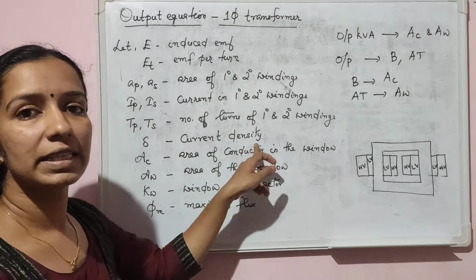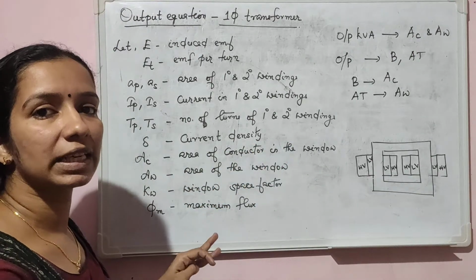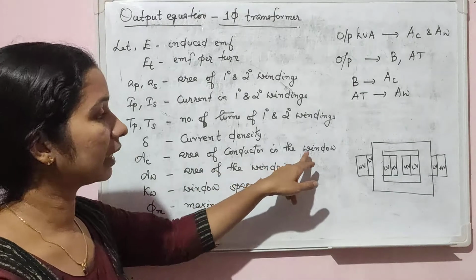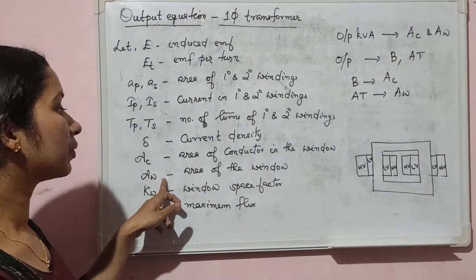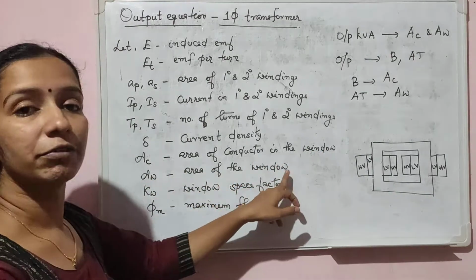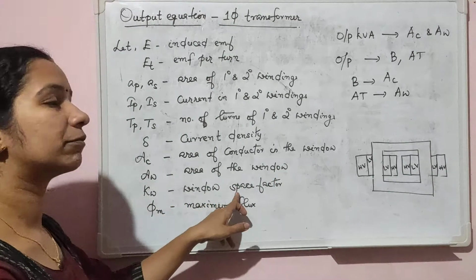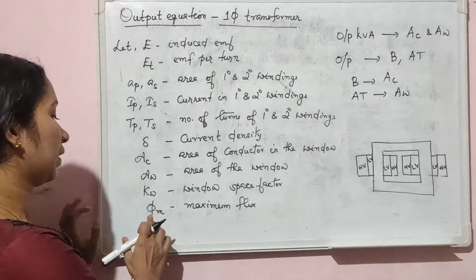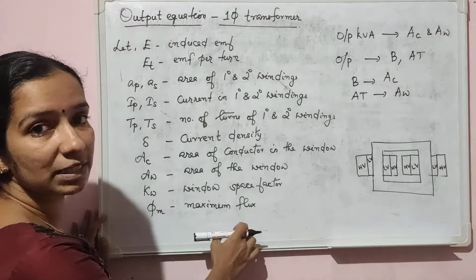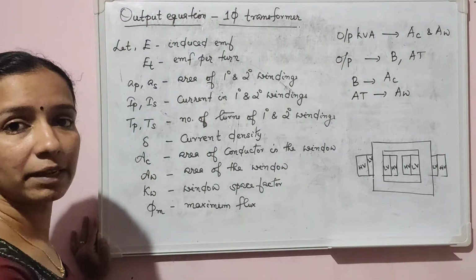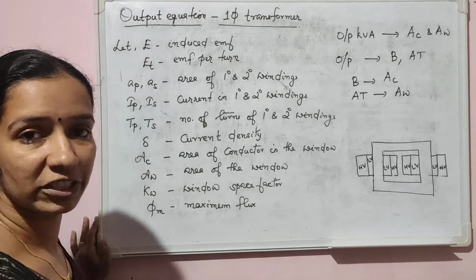Delta is the current density in both primary and secondary windings. AC is the area of conductor in the window. AW is the area of the window itself. KW is a parameter known as window space factor. Phi m is the maximum flux in the core.